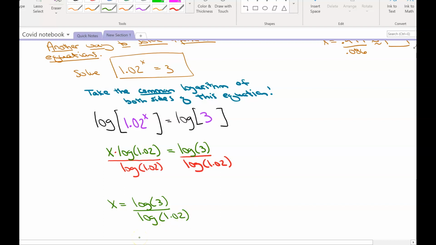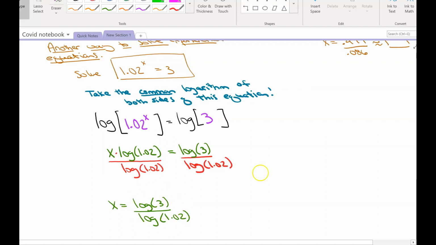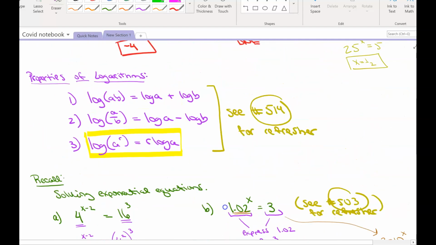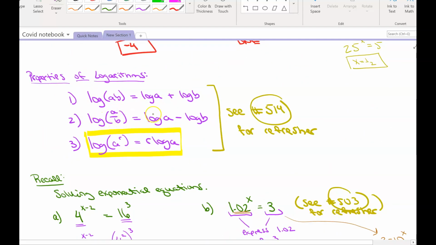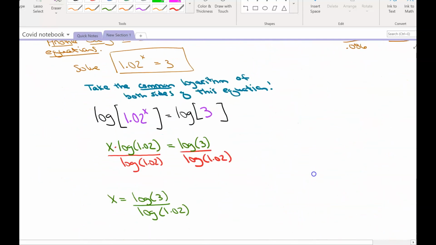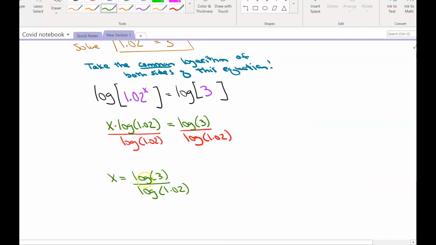Ladies and gentlemen, do not make the catastrophic, terrible mistake of confusing this expression with the property of log. I cannot tell you the number of times people will say, oh, this just equals log 3 minus log of 1.02.